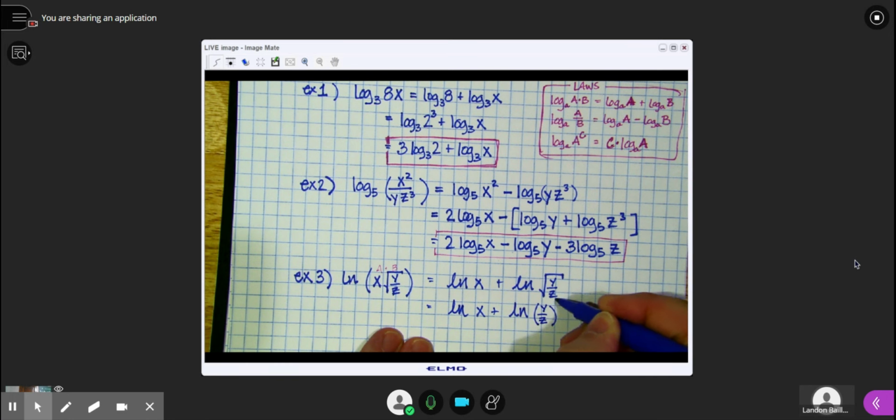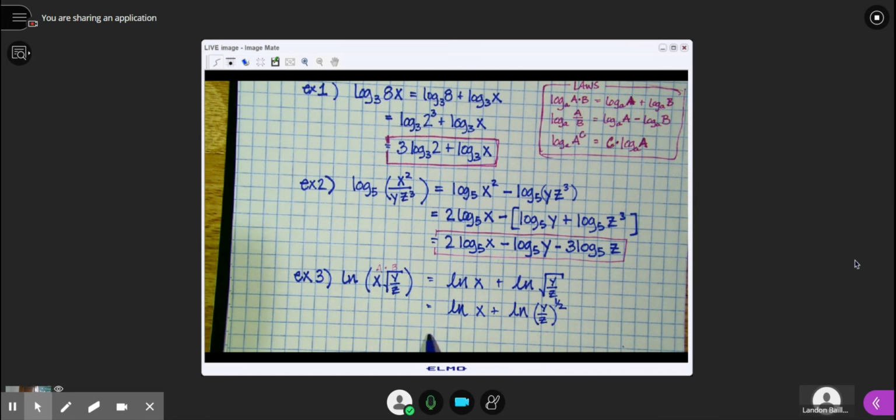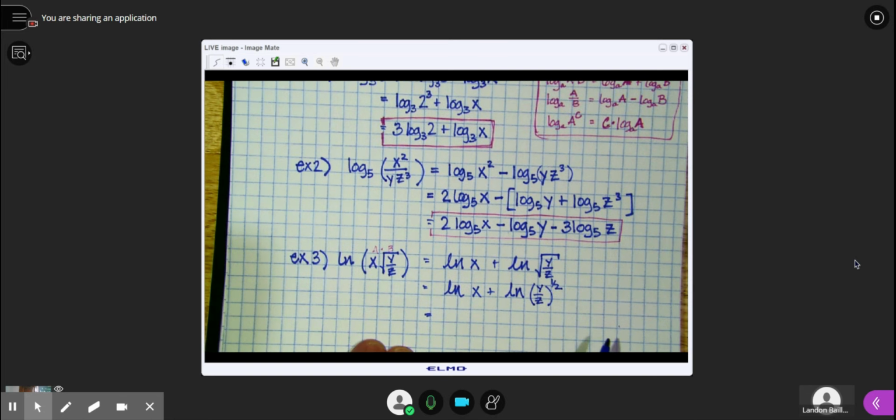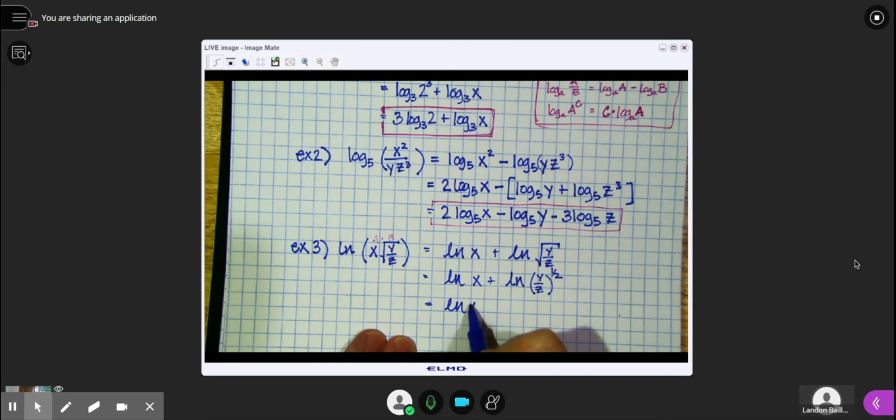Y over z to the 1/2 power. Ln x plus 1/2 times the ln of y over z. Now I've got an a over b, so now I can use the second law to do an ln y minus an ln z.